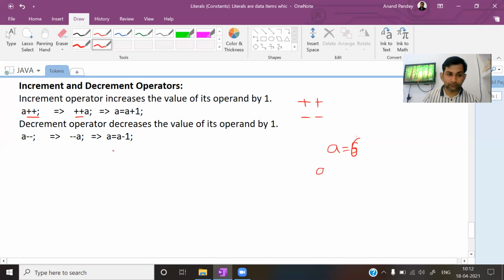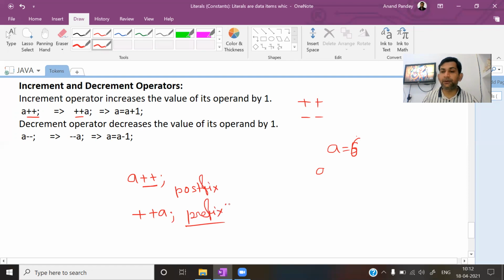First of all, this a plus plus, here we are writing this plus plus after the operand. Here we are writing the plus plus operator after the operand. So this is called postfix increment operator. Postfix increment operator. And if you are writing before the operand, this is called prefix increment operator.